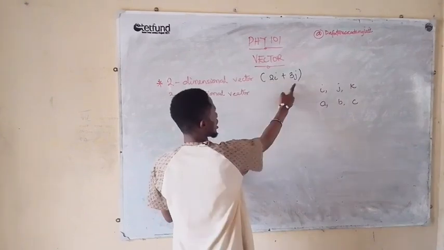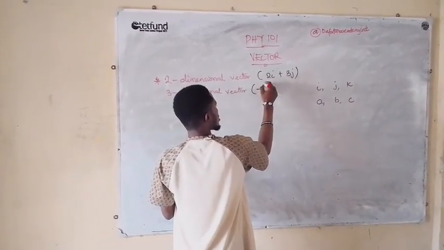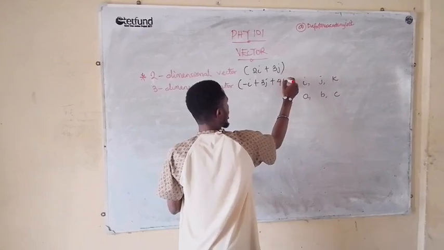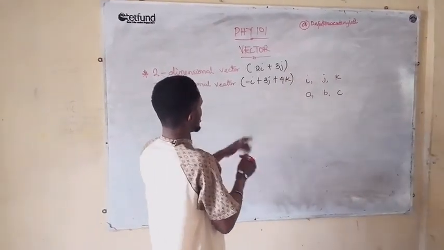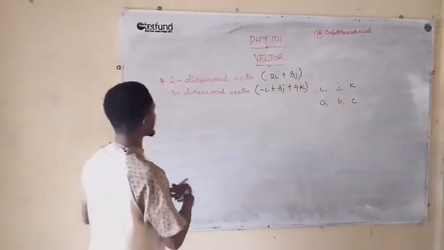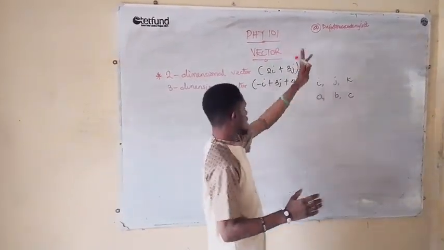But in the case of a 3-dimensional vector, you have something like minus I plus 3J plus 4K. This is a 3-dimensional vector. So this is the first part I need you to know: the dimension of vectors. It can be 2, it can be 3.